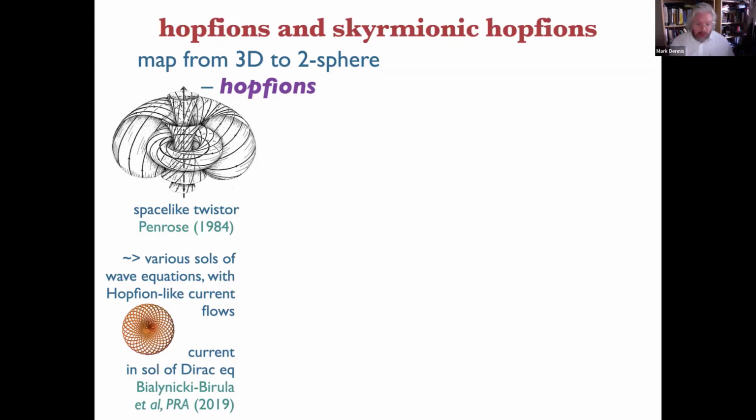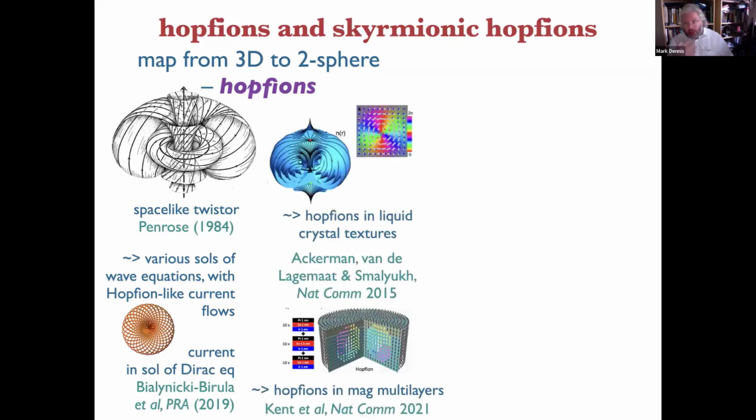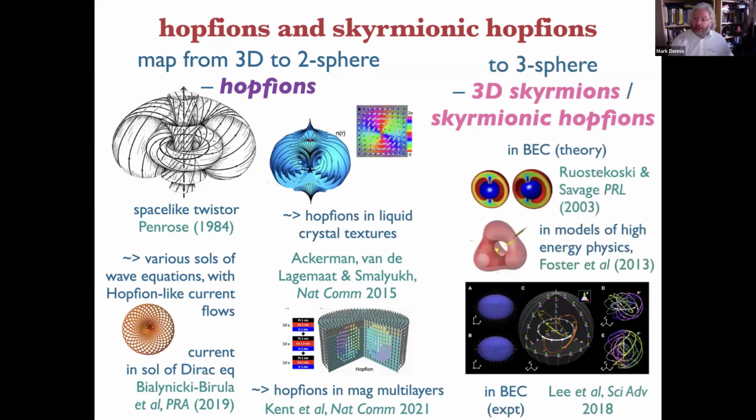And Iwo Bialynicki-Birula has extended some of those ideas to flows of the Dirac equation. We see them in liquid crystals, this is an experimental group of Ivan Smalyukh, and in magnetic multilayers, and indeed in Bose-Einstein condensates addressed by structured light.